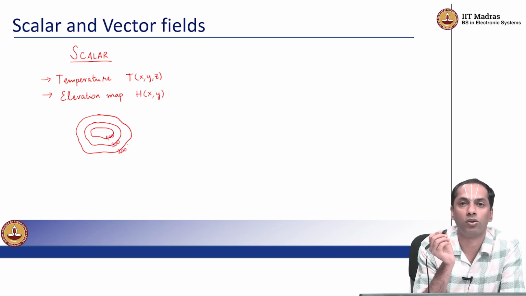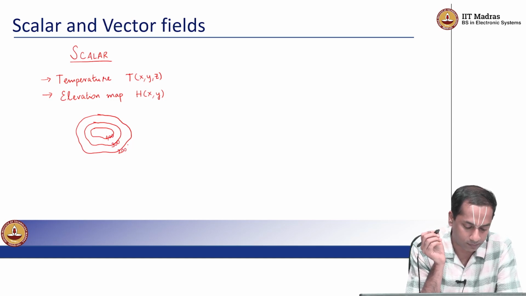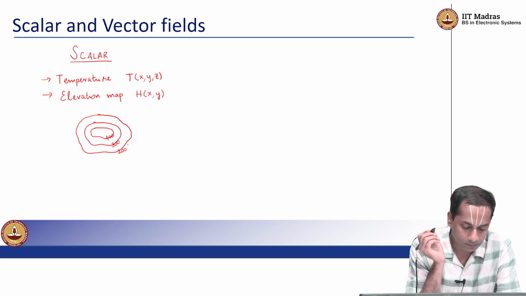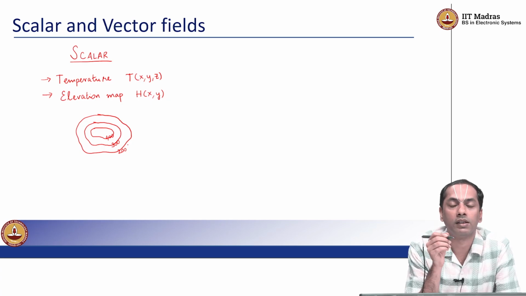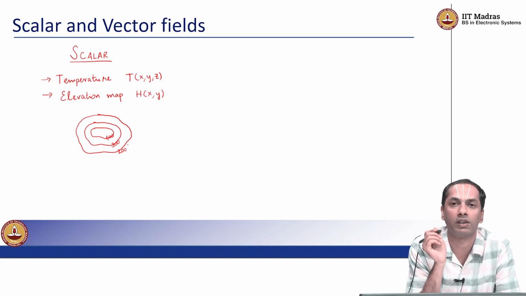These are essentially contours indicating the same elevation, and the number written on each of these contour lines indicates the elevation, say in meters or feet, whatever it be. Now this is essentially a representation of your elevation map. So for every geographic location x comma y, I can associate a certain altitude. For example, this could be an elevation map for a very small hill.